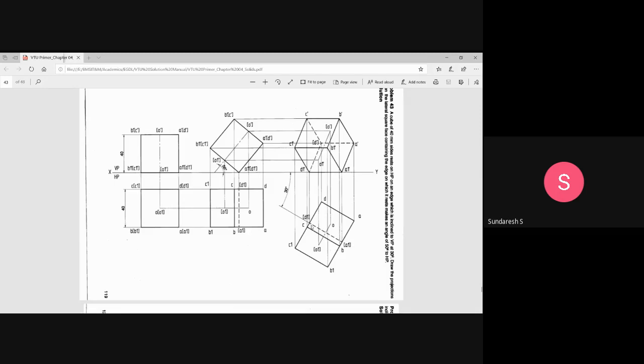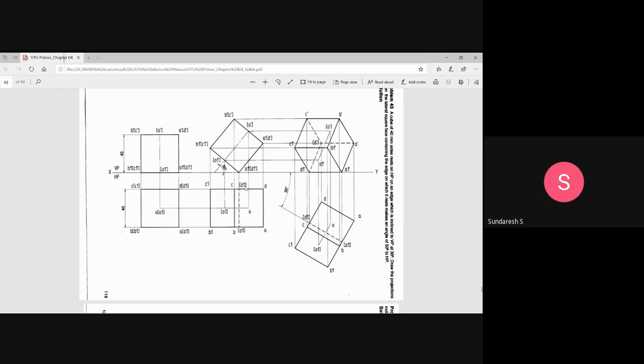Now with respect to that A1 and D1, you have to transfer all the second position top view to the third position, in which A1 and D1 is inclined to VP at 30 degrees.